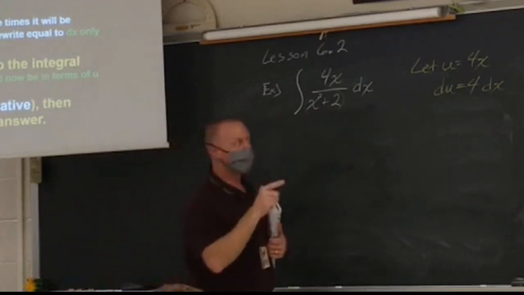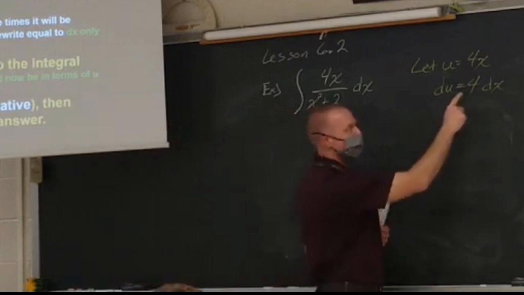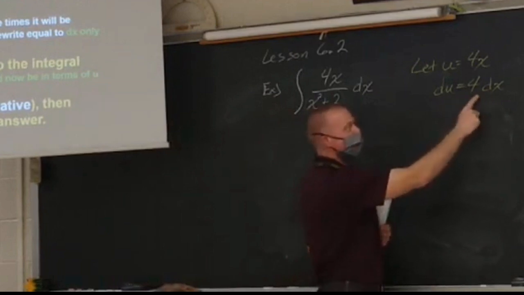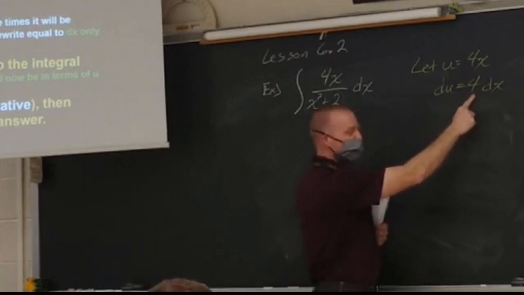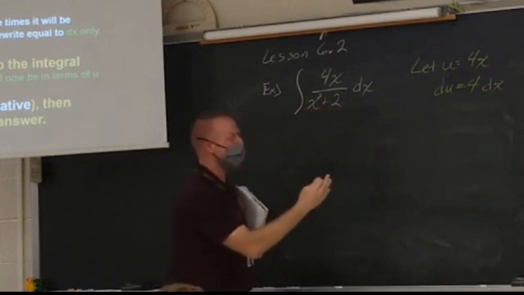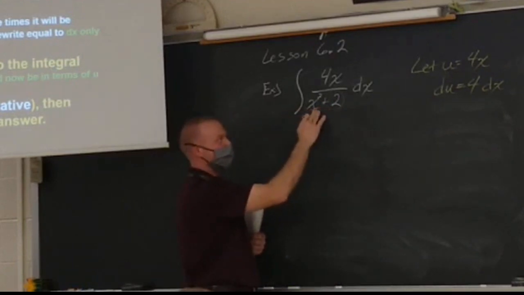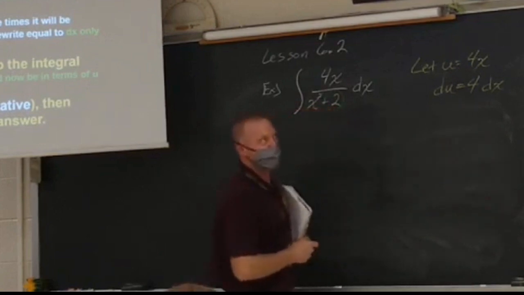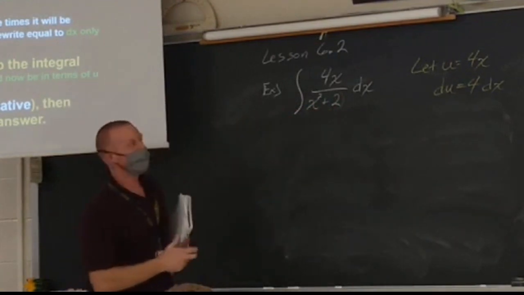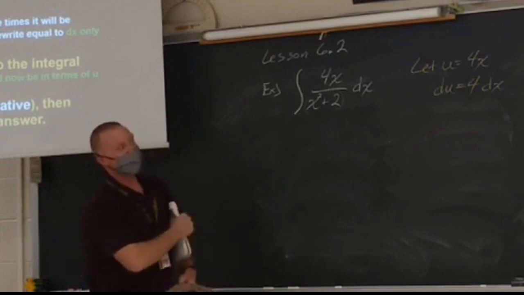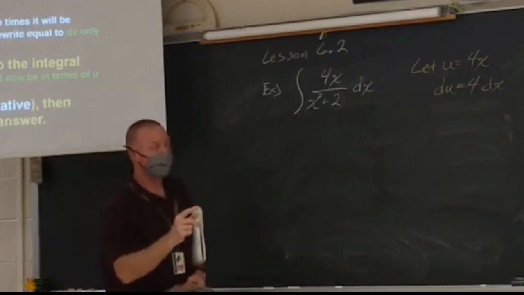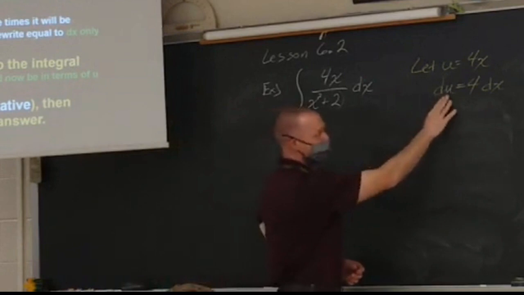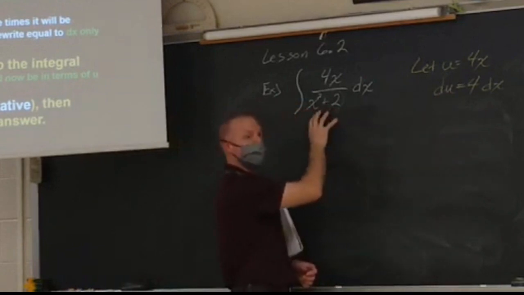But the only thing I'm going to have available to cancel is this 4. How is an x squared plus 2 going to cancel with a 4? It's not, because we did not choose the correct u that has the correct du that'll cancel with this.